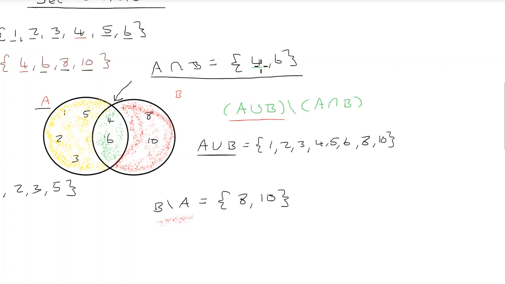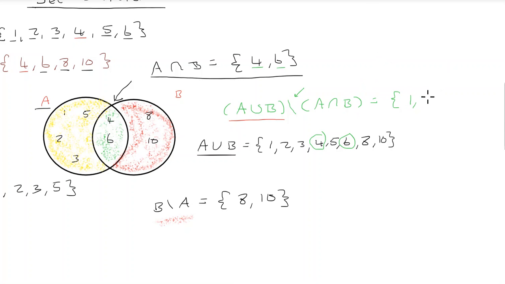We have 4 and we have 6. So this here is going to be this, but we want to get rid of this 4 and this 6, because they're in the intersect, and this tells us that we want to get rid of that. So what does this set of elements look like? It'll look something like this.